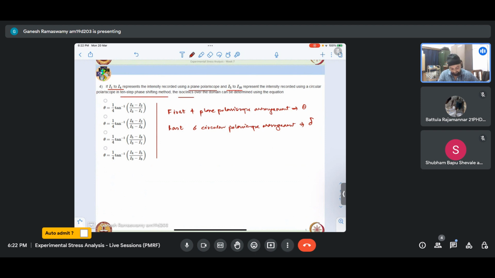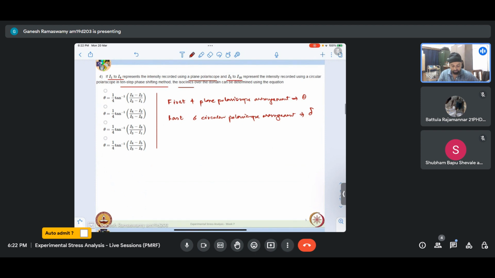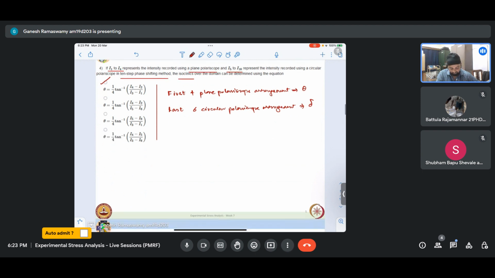So we have to look for the formula that employs only the first four, which is the first one, because all the others have circular polariscope images as part of them, which is not viable.